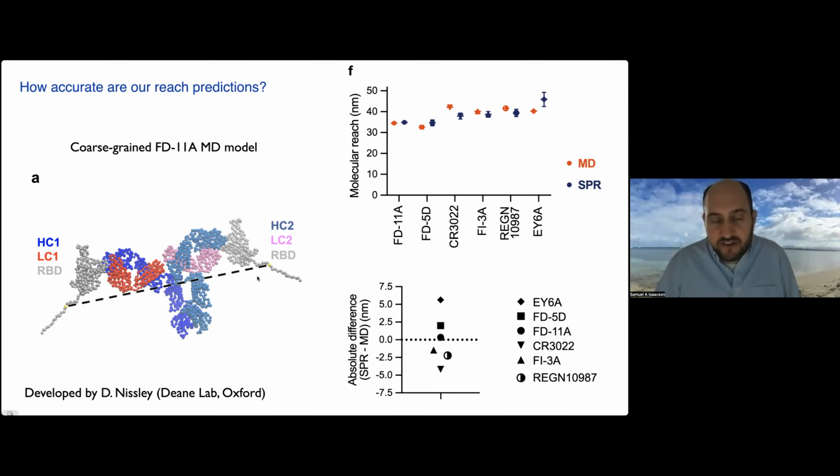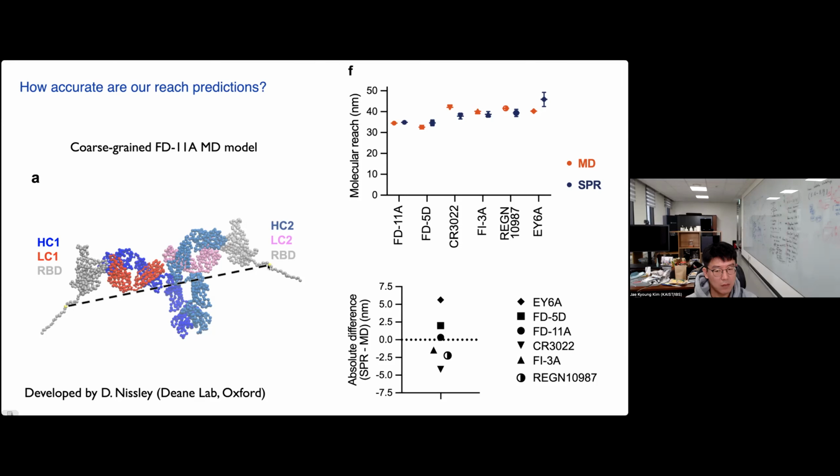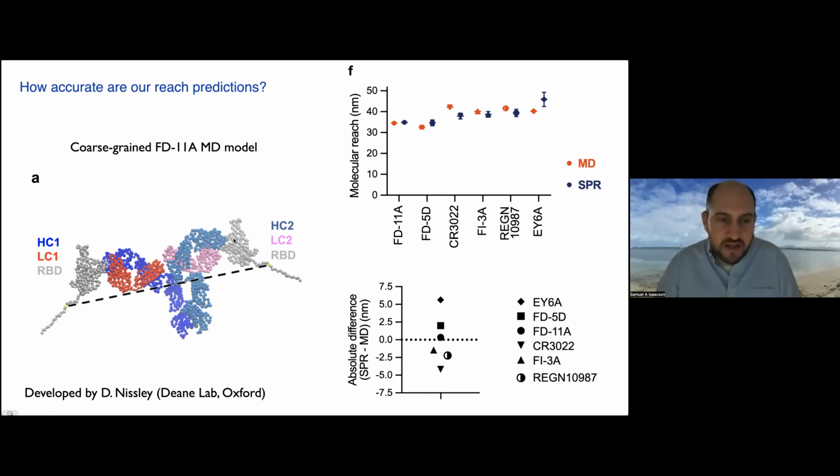What Dan really did was an experiment where we think of the reach as the maximum distance between the tether points at which the whole thing can stay bound together. He fixed one of the tether points and started pulling the other until it broke, until one of the RBDs popped off and unbound. So in his model, the reach is the largest distance you can pull them apart before the bond breaks.